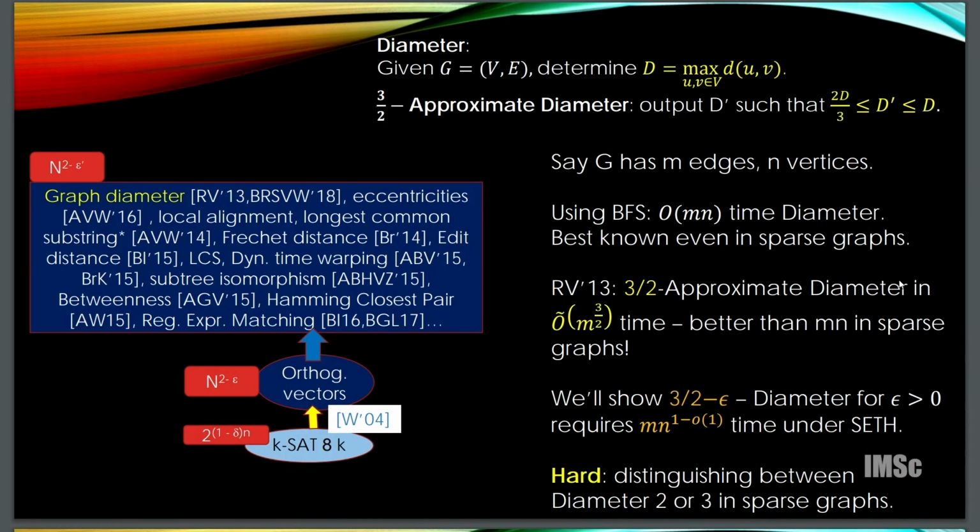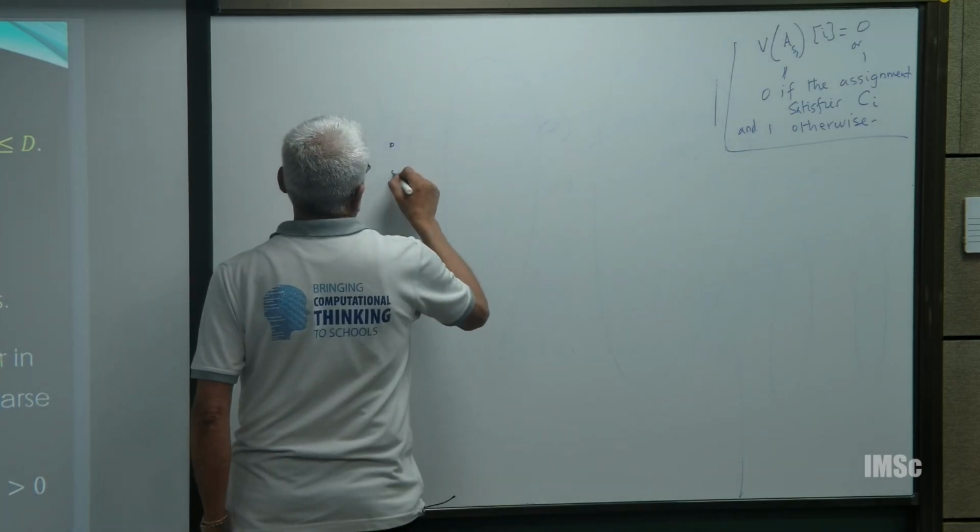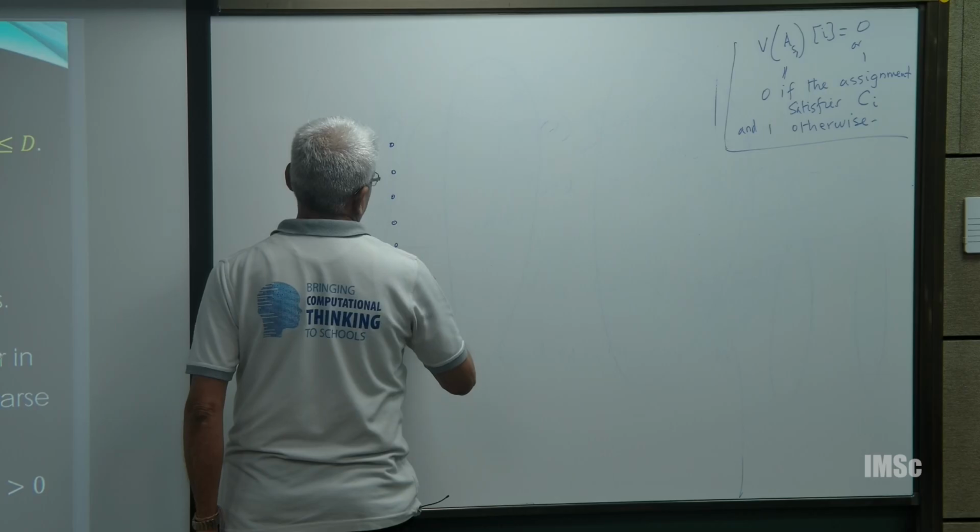Okay, so maybe draw. So, I have given n vectors, so I will have n nodes here.